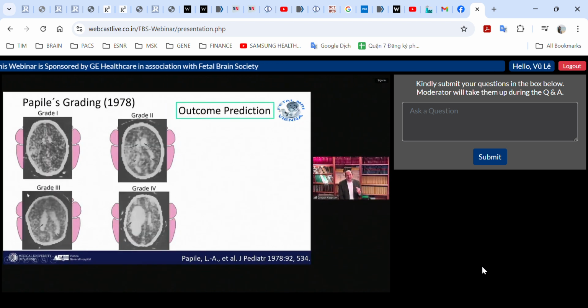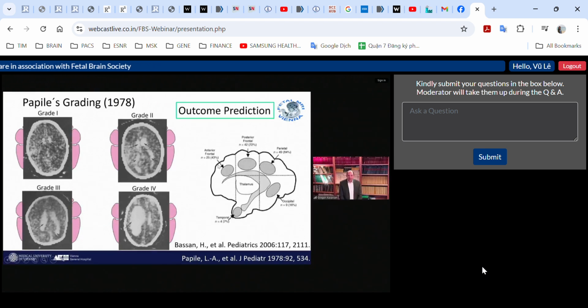That is the original paper on which the grading is based. So this would be the grade 1 hemorrhage, that would be the grade 4 hemorrhage at that stage. I believe all of our ultrasound images and MRI images have a higher quality than this original grading system, and there is an urgent need to improve and adapt our current grading systems to our current imaging potential.